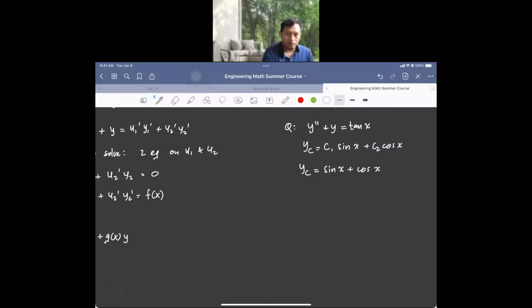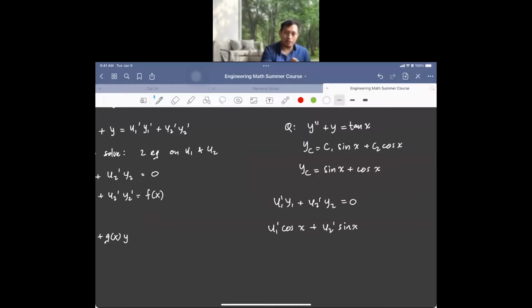Now we can write u1 prime y1 plus u2 prime y2 equals 0. So we can change this into u1 prime cos x plus u2 prime sine x.